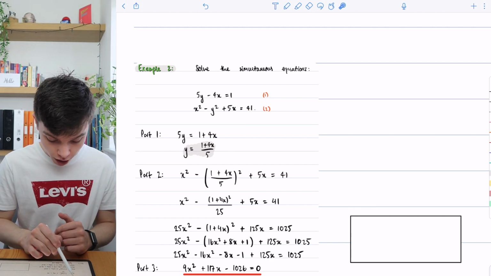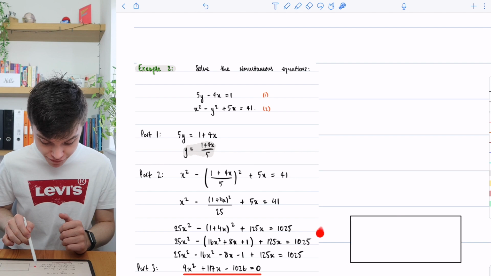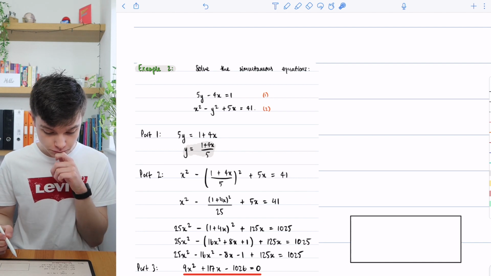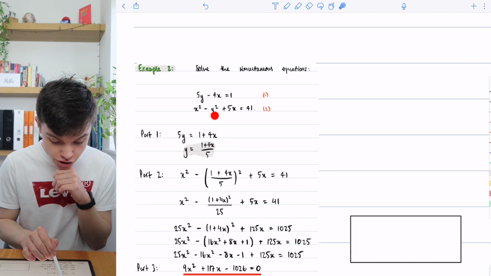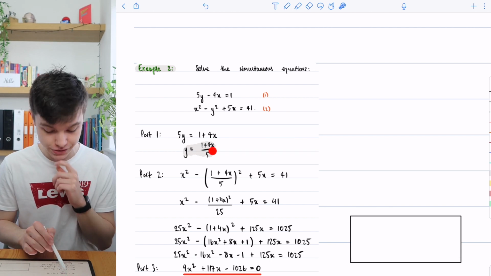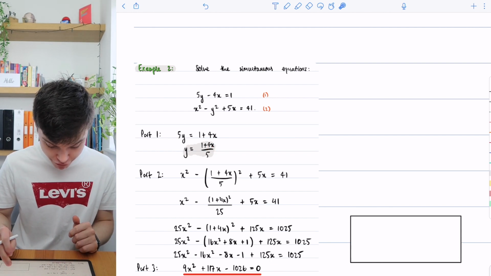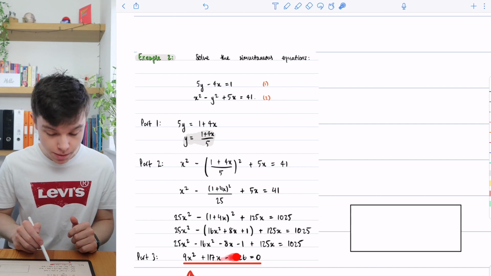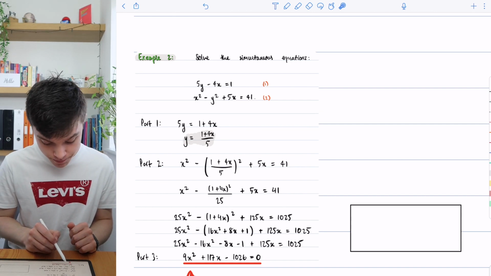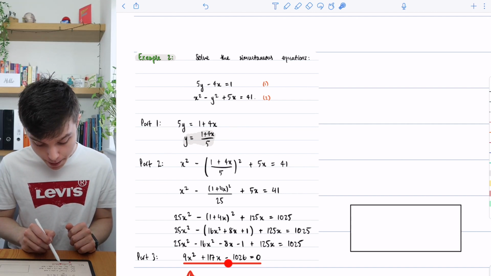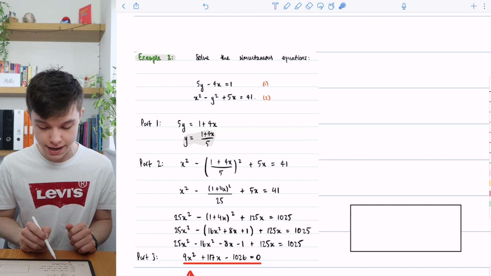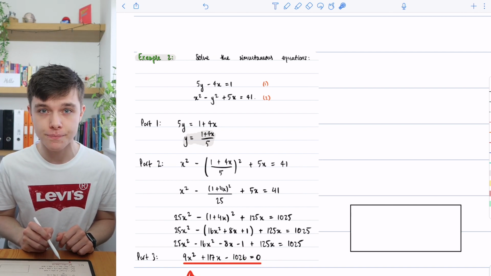When we did that, we got this here. We simplified along all of these lines, and then, because we substituted y in terms of x, we ended up here at part 3 with a quadratic in terms of x. We had 9x squared plus 117x minus 1026, and that was equal to 0, okay?